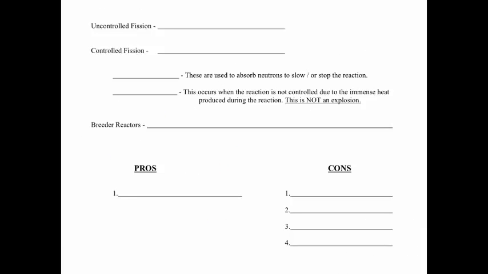All right, controlled fission versus uncontrolled fission. Uncontrolled fission is what happens in a nuclear bomb. There's nothing in there to control the reaction. Once it starts, there's no stopping it. It's completely unstoppable until it consumes everything that it can.